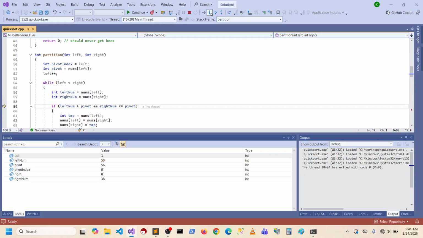So now we got 38 and 56. Same situation.